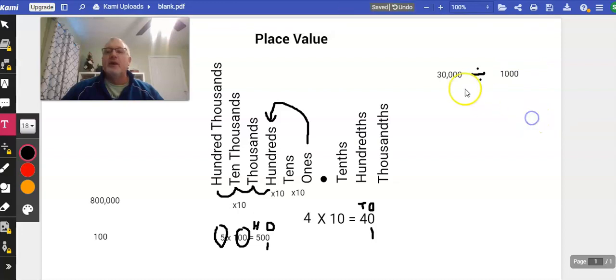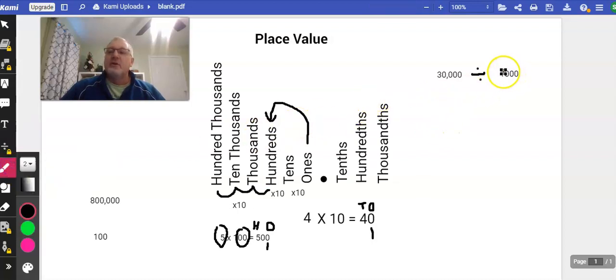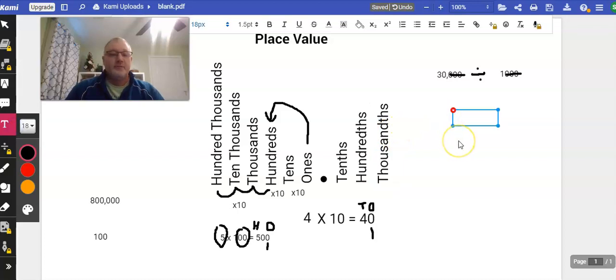What am I doing? Well, this has 3 zeros, right? So I'm taking 3 zeros away. So as I cross out the 3 zeros here, I'm going to cross out 3 zeros here, and I end up with 30, right? Pretty simple, not too hard, not too difficult to understand.